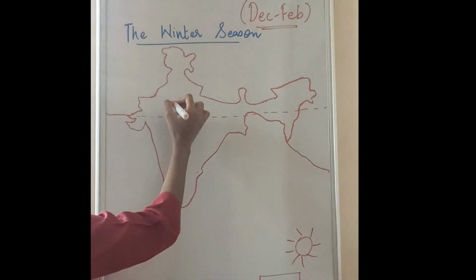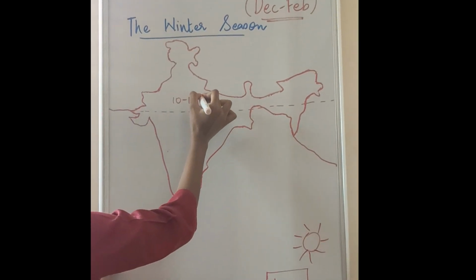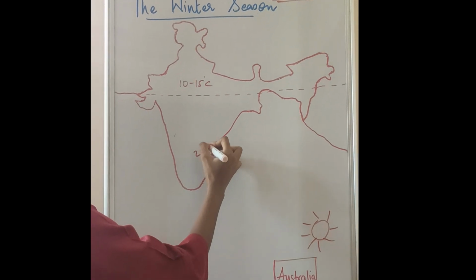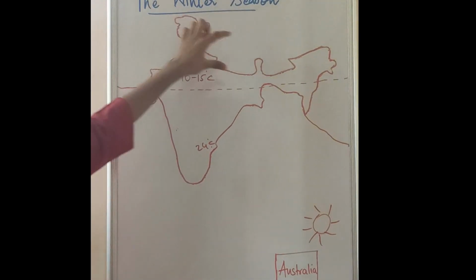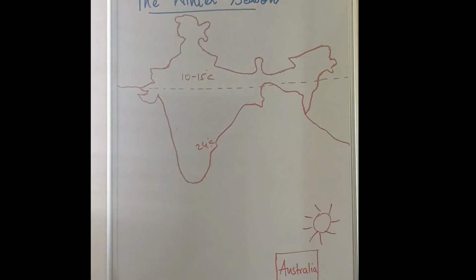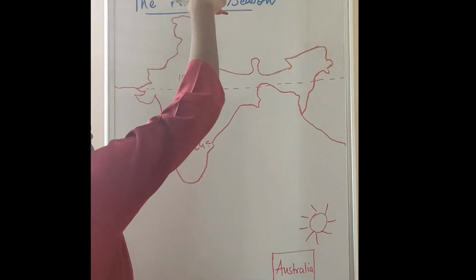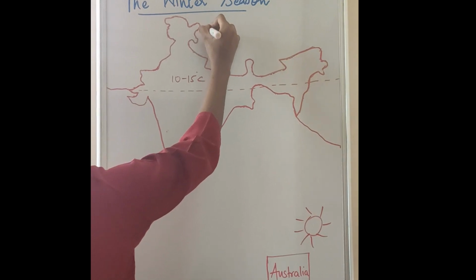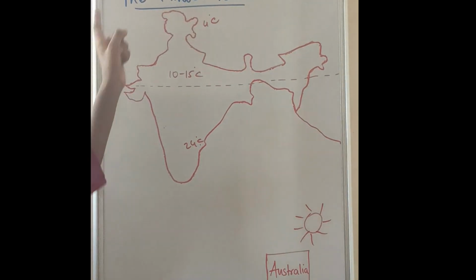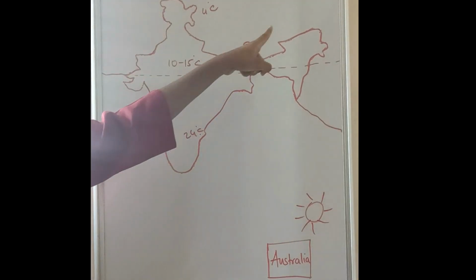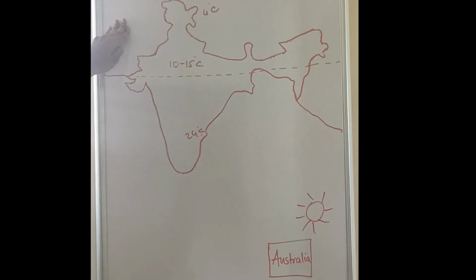But in the northern plains, the temperature ranges from 10 to 15 degrees centigrade. In the Himalayas, because of the altitude, remember I told you the height from sea level is too high, it will be very cold, probably around 4 degrees centigrade, and heavy snowfall will occur during the winter season.